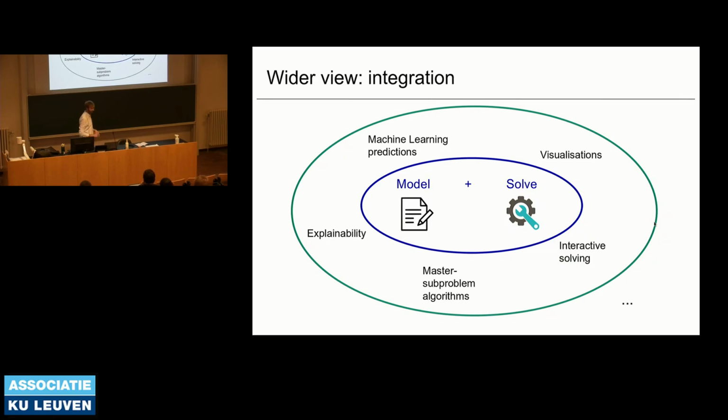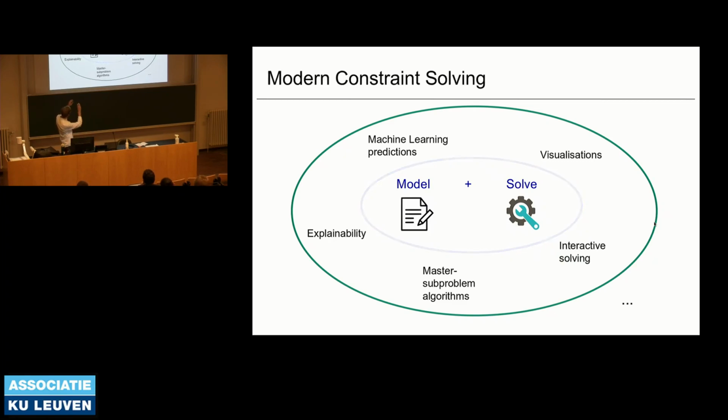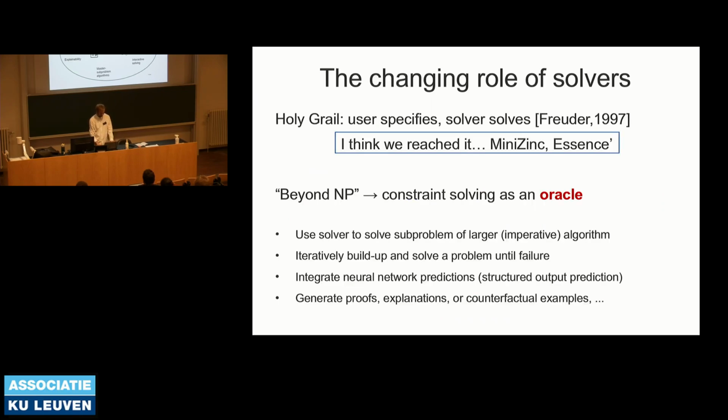And so what we see is that the border between the model plus solve and the integration is disappearing, and that's also why there's a larger need to do that more tightly.